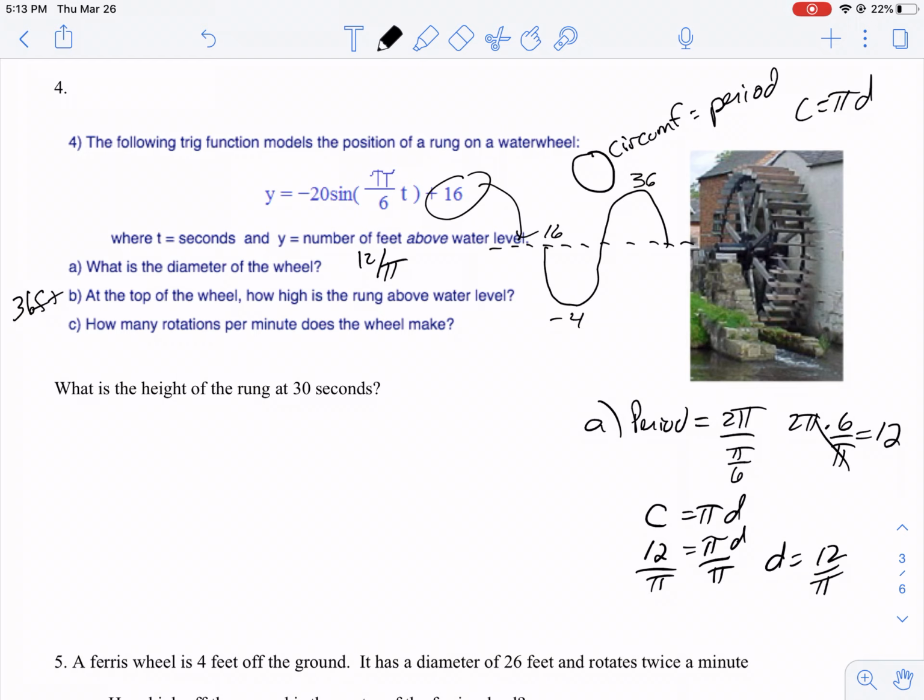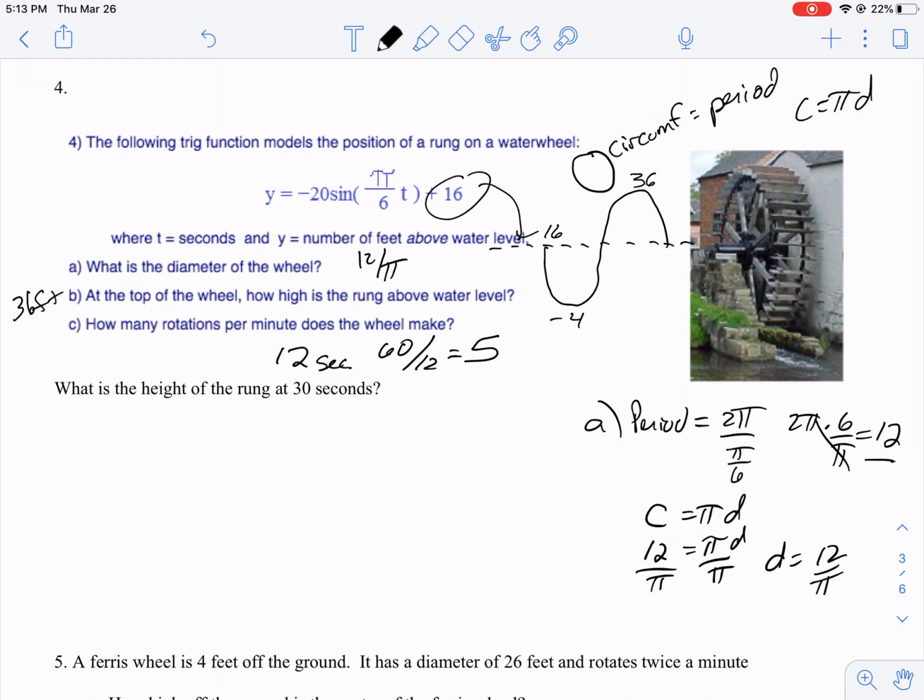Well, we said the period was 12. And it says t is the time in seconds. So it will rotate one whole time around in 12 seconds. So if I take 60 seconds and divide it by 12, that means it makes 5 rotations per minute.